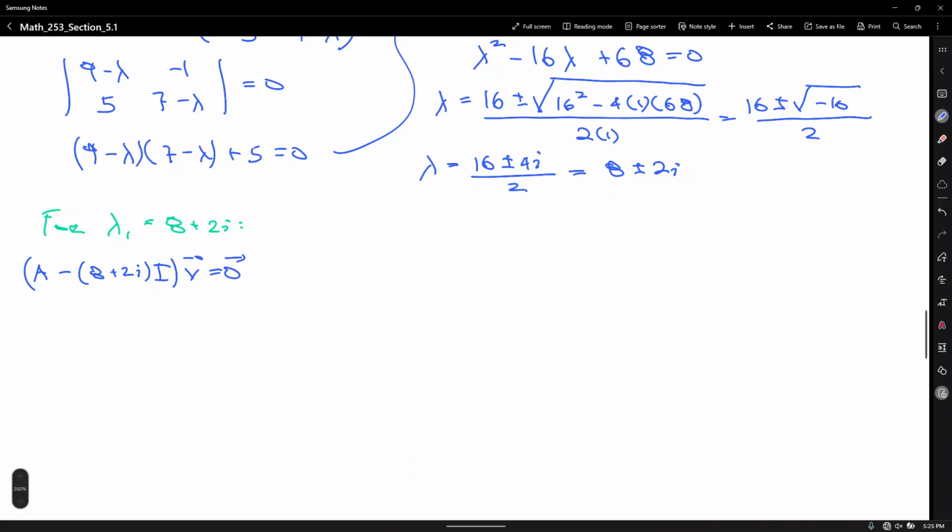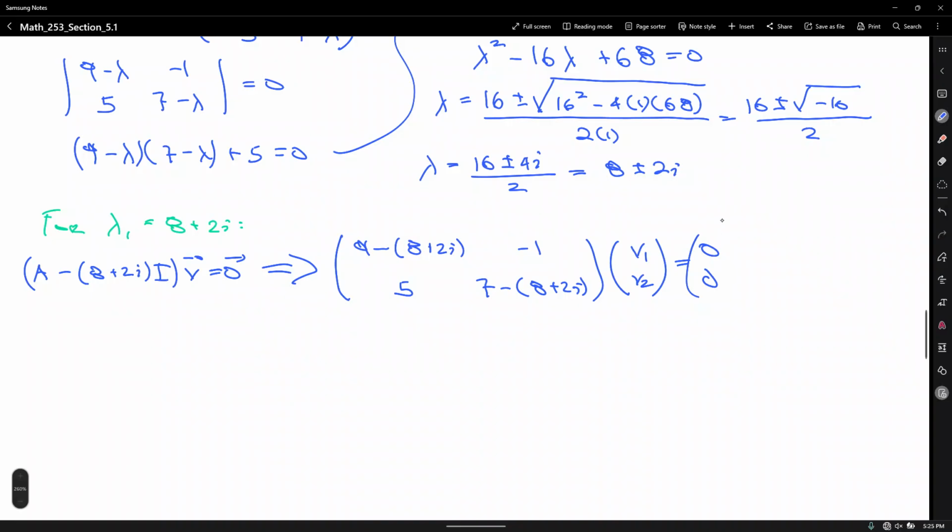Okay, so we subtract 8 plus 2i from the elements along the main diagonal. Just like we actually have it pre-set up, right? So that'll be the big matrix: 9 minus 8 plus 2i, and then 7 minus 8 plus 2i. The other two elements remain the same, negative 1 and 5. This is times the vector v1, v2. Let that be equal to the 0 vector.